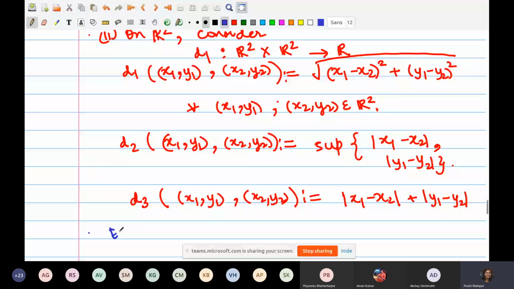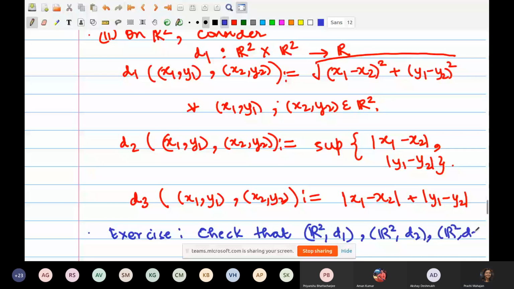Exercise: check that each of these is indeed a metric on the Euclidean 2 space. R2 with D1, R2 with D2, and R2 with D3 are metric spaces.